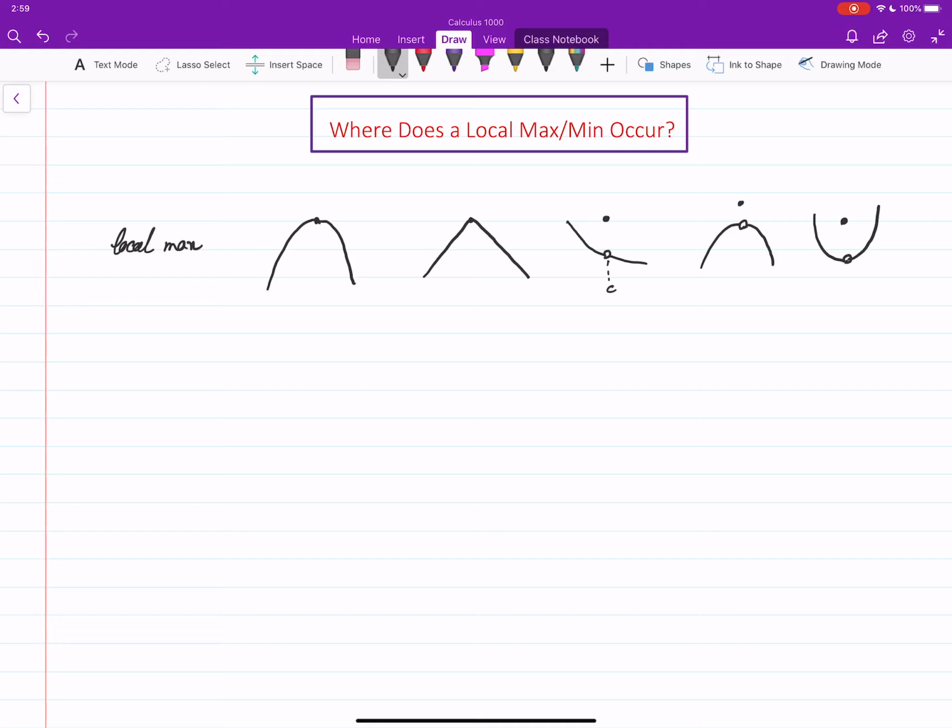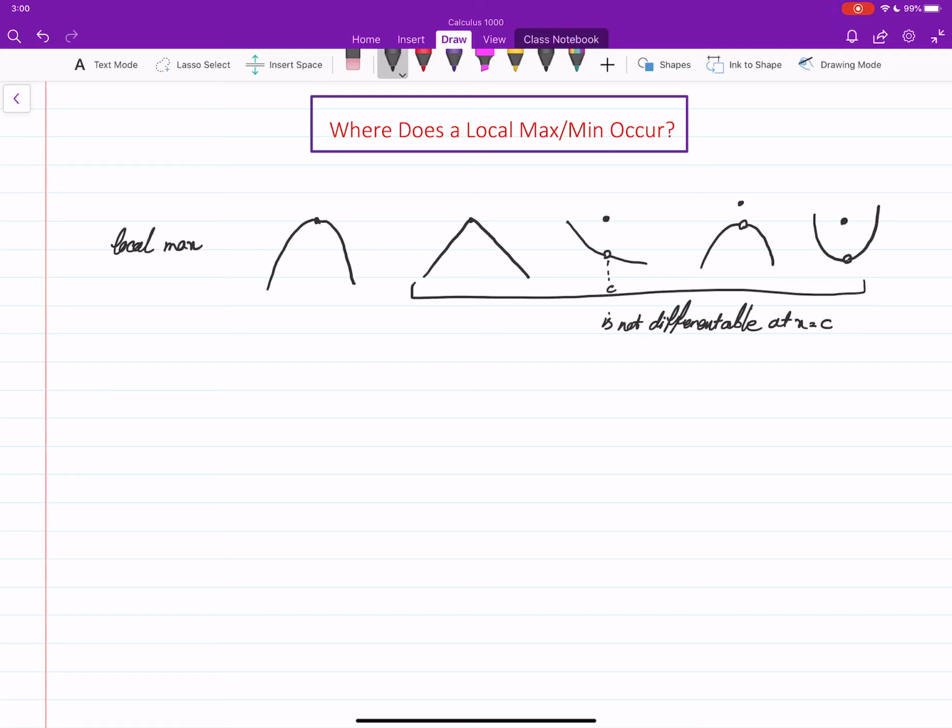But if you look very carefully, you notice that in all these examples I'm showing you here, the last four of them, the function is in general not differentiable at that point x equal to c.